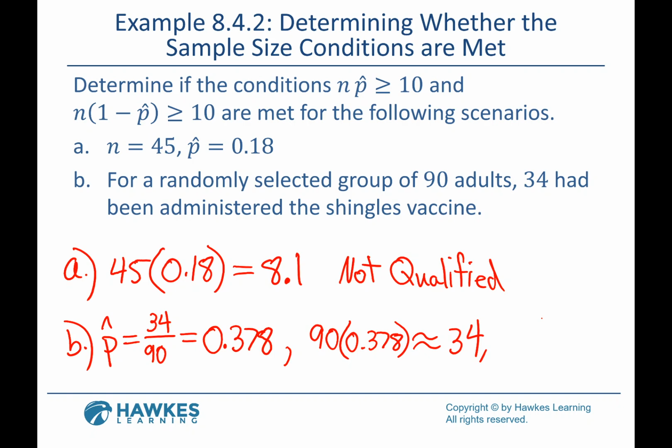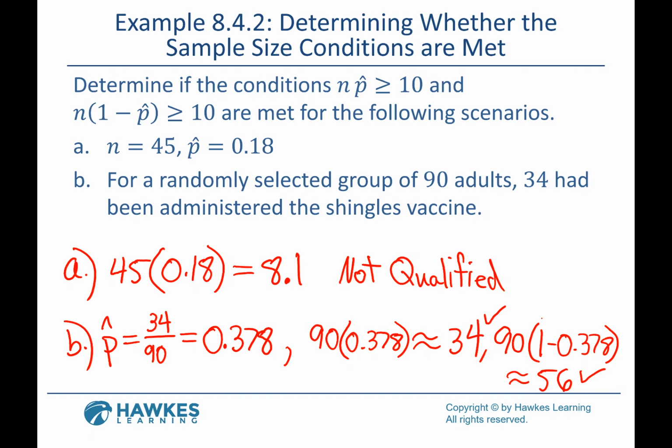That one would definitely be big enough. That's about 56 there, so both of those would be good. The first one would not. But we're not going to worry about it past this slide. You can just assume the ones we're going to do, you can use with the normal distribution.